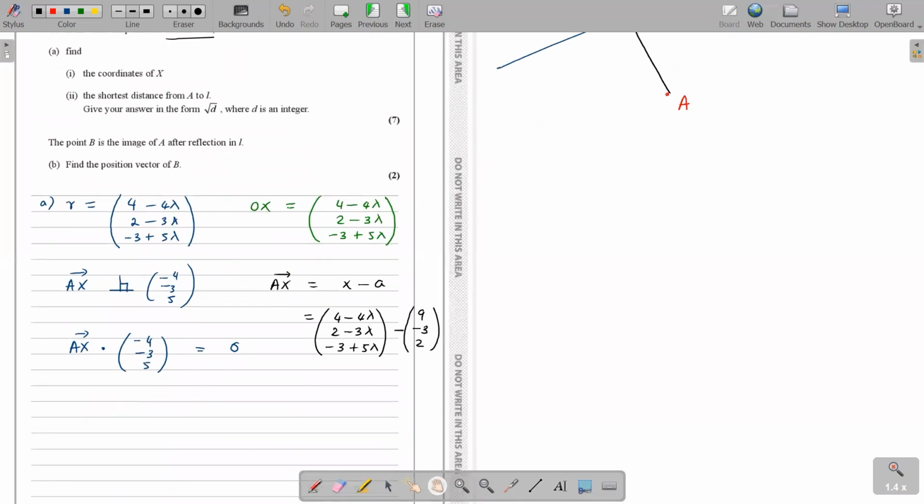What do we get? 4 minus 9 is minus 5 minus 4 lambda. 2 minus 3 is plus 5 minus 3 lambda, right? Minus 3 minus 2 is minus 5 plus 5 lambda. Is this correct for X? Check on this again.